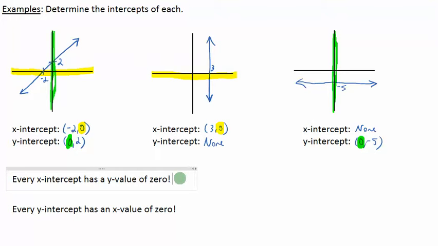So every x-intercept has a y value of 0. X doesn't have to be 0. X is the unknown. X is the thing we're trying to define.